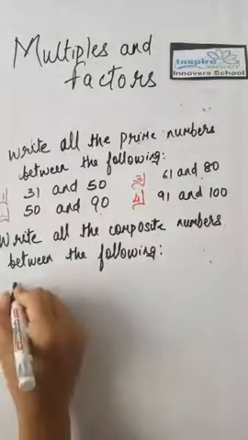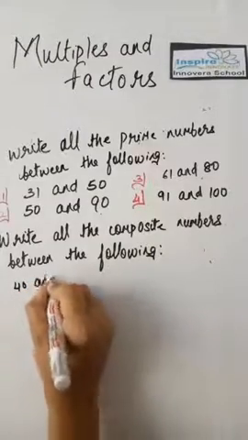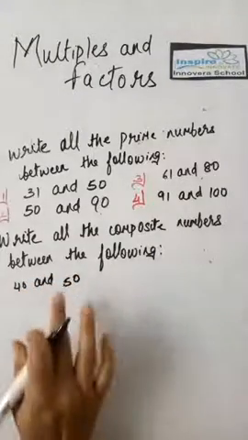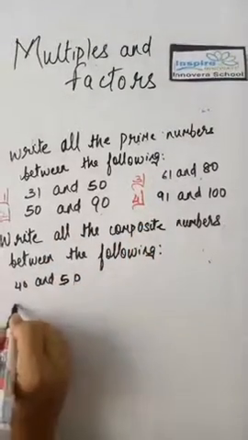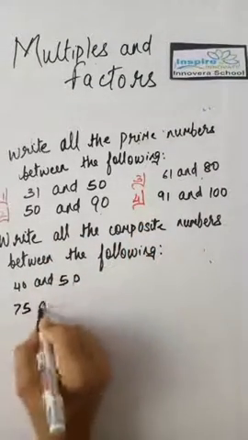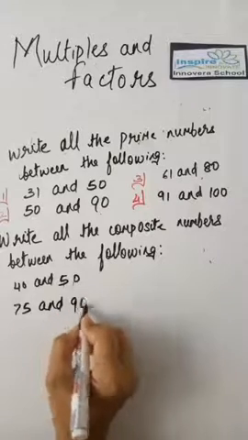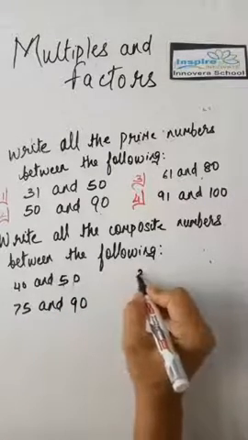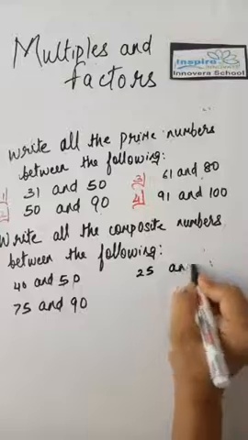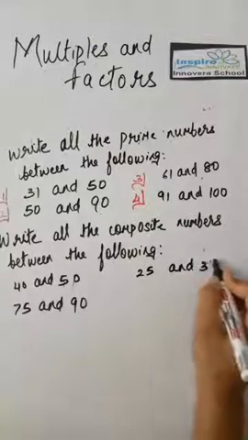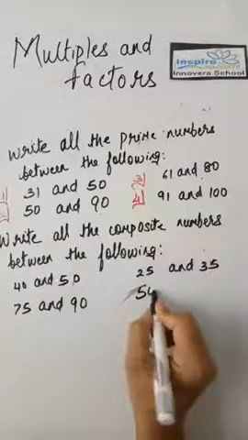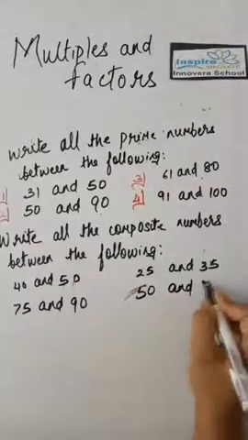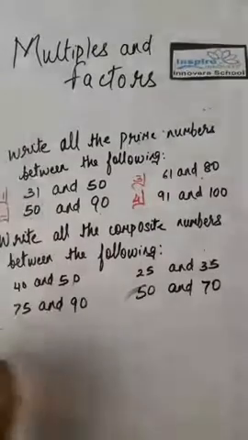First one is 40 and 50, second is 75 and 90. Third one is 25 and 35. Fourth one is 50 and 70.